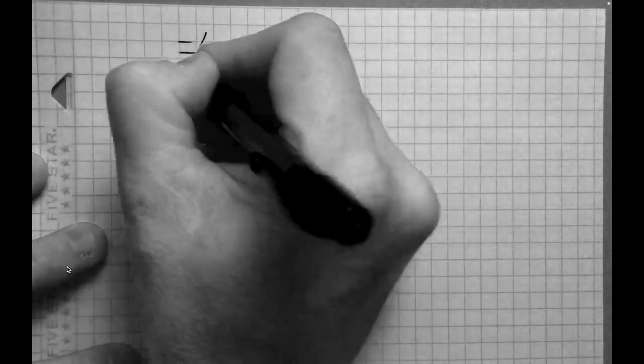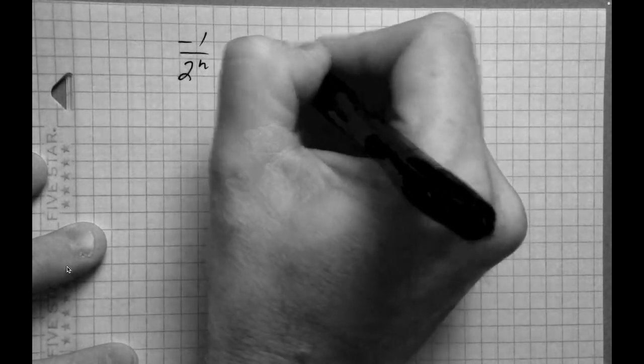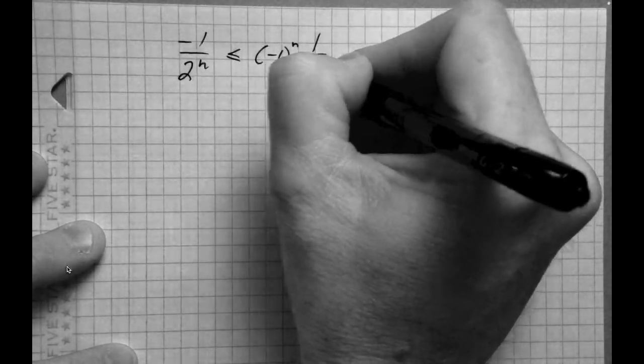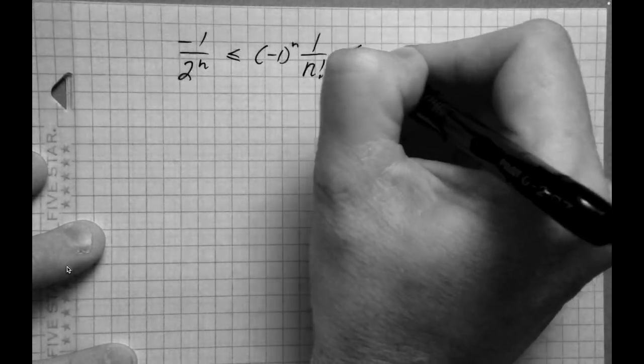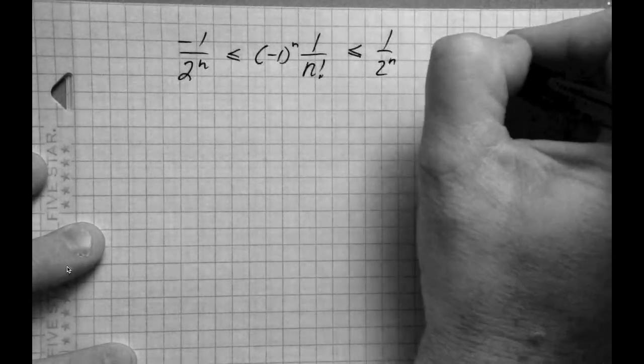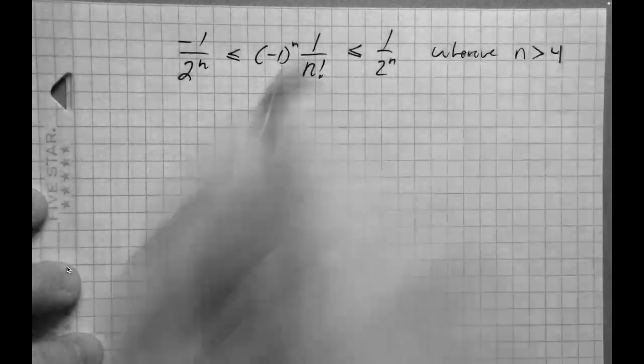So, side project. But basically, what does this tell us? Well, what we just saw was that negative 1 over 2 to the n is less than or equal to negative 1 to the nth power times 1 divided by n factorial, which is less than or equal to 1 over 2 to the n, whenever n is greater than 4.